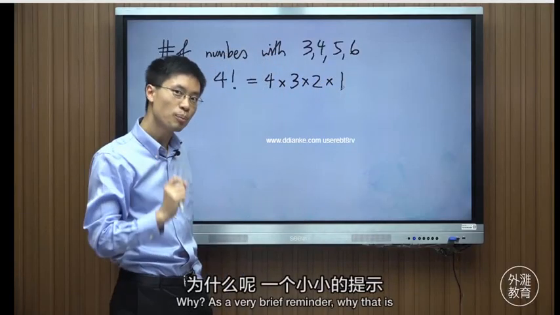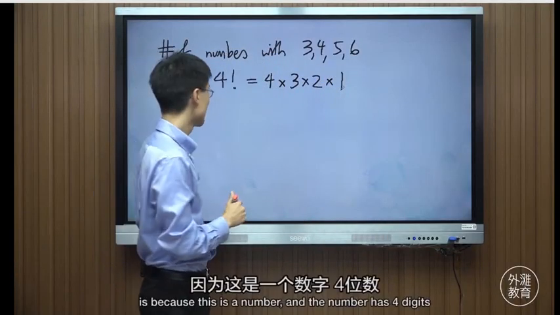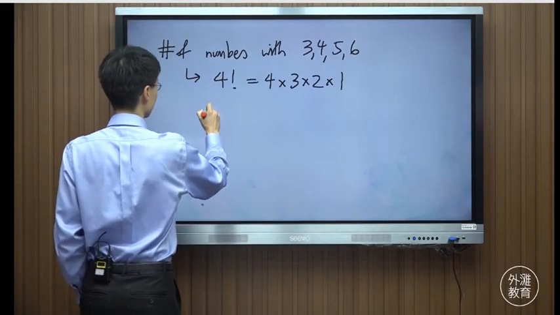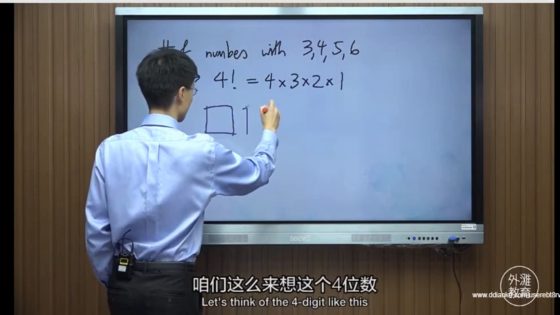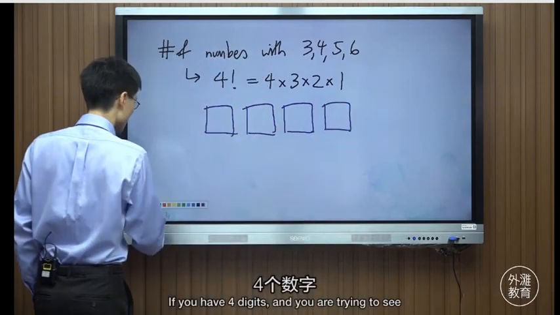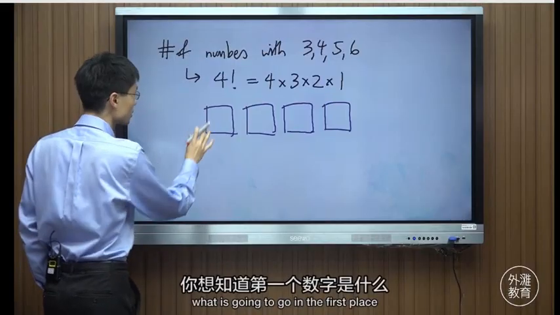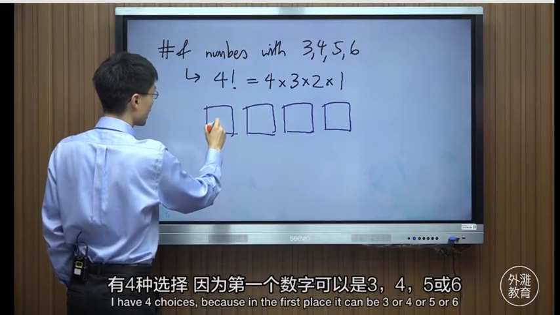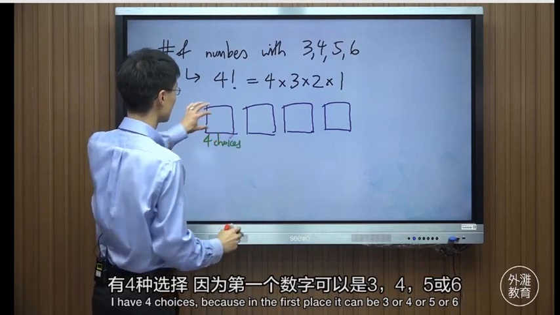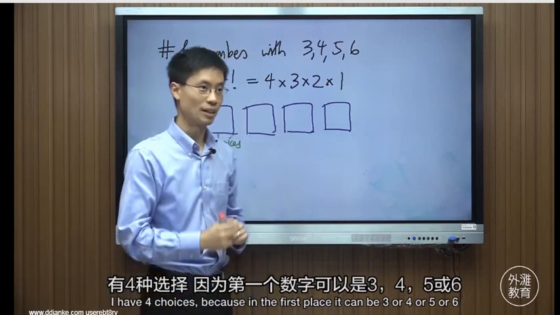Why? As a very brief reminder, this is a number, and the number has 4 digits. Let's think of the 4 digits like this. If you're trying to see what is going to go in the first place, I have 4 choices, because in the first place it can be 3 or 4 or 5 or 6.